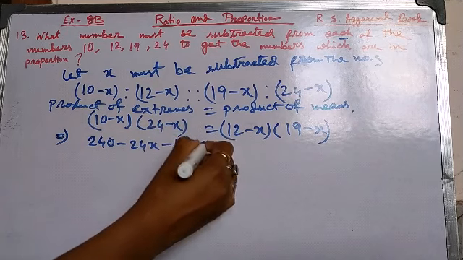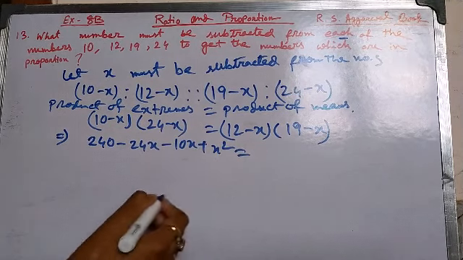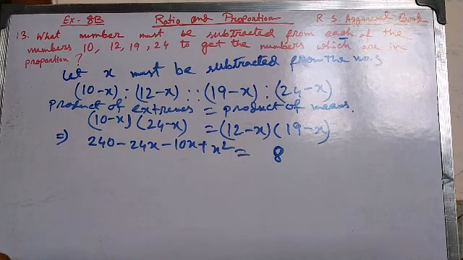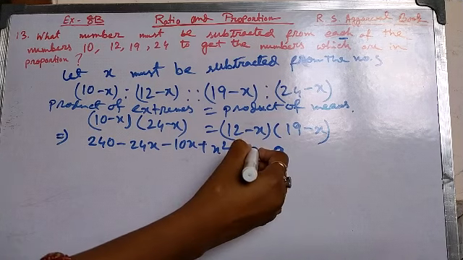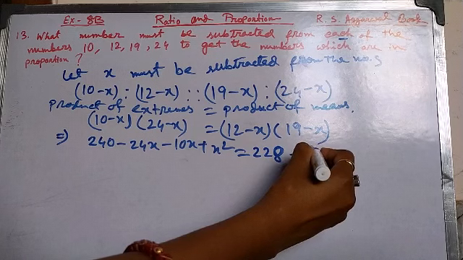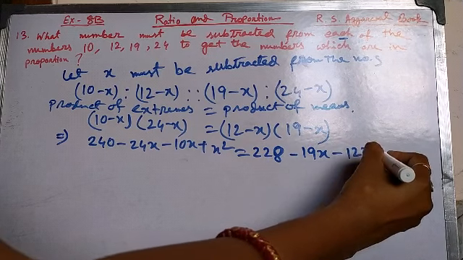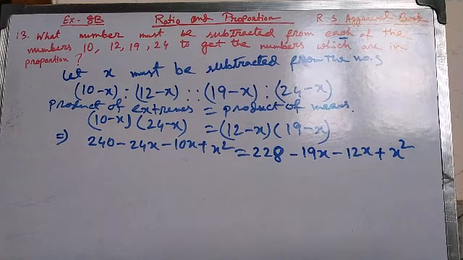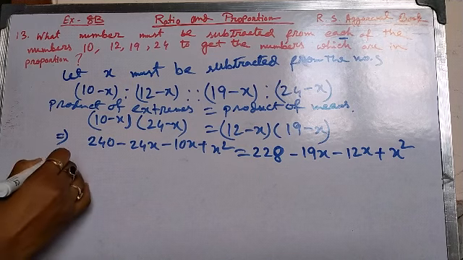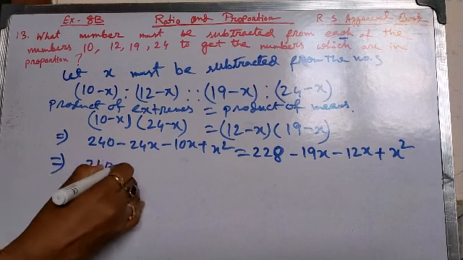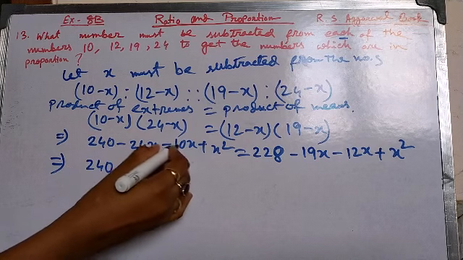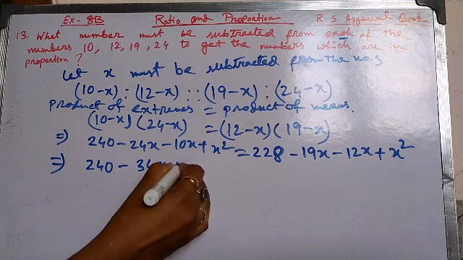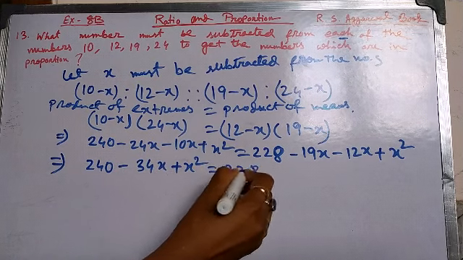Minus minus plus, that means x square equal to 12 into 19, that means 12 9s are 108, 8 carry 10, 12 1s are 12 plus 10, that means 228, minus 19x minus 12x, minus minus plus x square. Now here 240, here both are having negative sign, that's why 34x will be added, plus x square equal to 228.